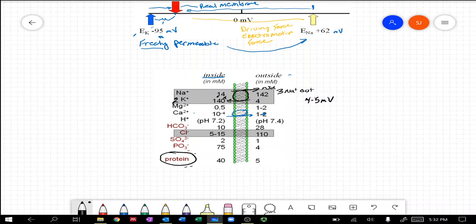So these are impermeable, and they do contribute just a little bit also. But again, we're looking at the order of maybe 4 to 5 millivolts at most, depending on the protein content. So the resting membrane potential is really based on passive separation of charge. So the sodium-potassium pump, that, let me just, I'm going to put it over here, the sodium-potassium pump.